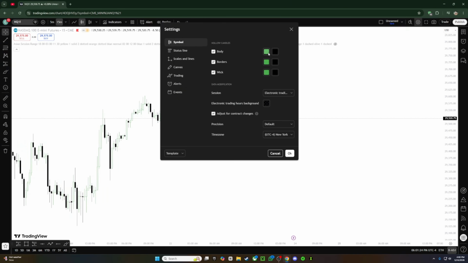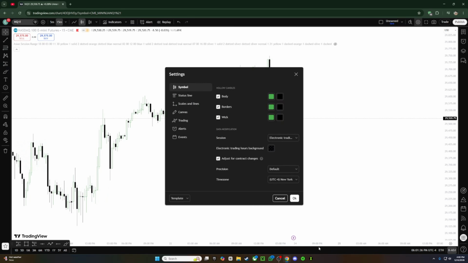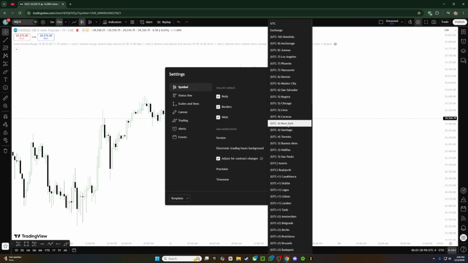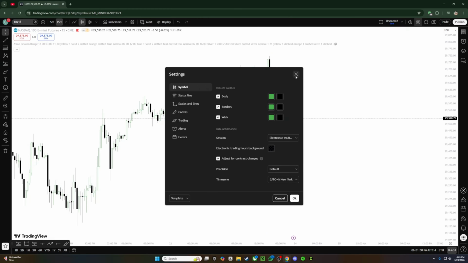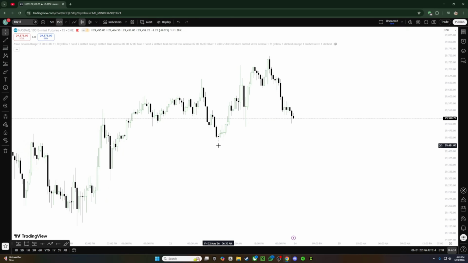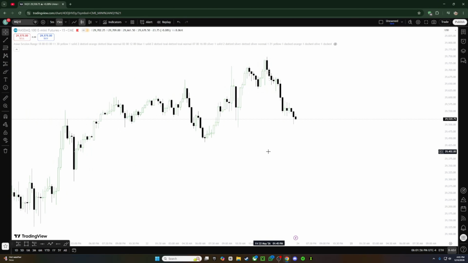Symbols right here, you could change the color of the candle, the body, the borders, the wick. And while you're here, you can go ahead and put New York time so that you know. This is not really necessary, but it's just so that you know what time it is in New York, which is important because that's where the market runs.